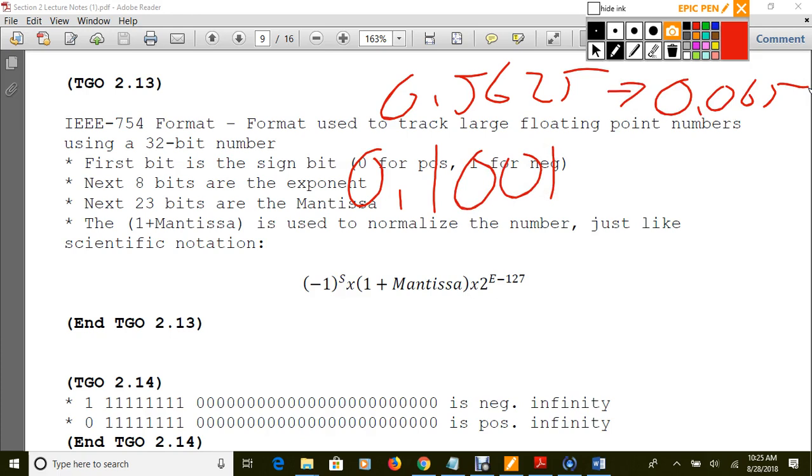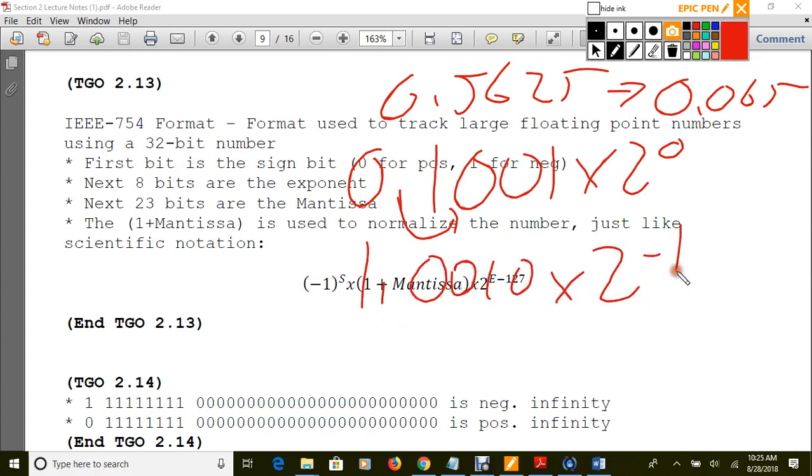If I want to represent this in scientific notation, so this is times 2 to the 0. The Mantissa finds the most significant one and moves it out here. So it becomes 1.0010 times 2 to the negative 1, right? The Mantissa is this value here, 0010.